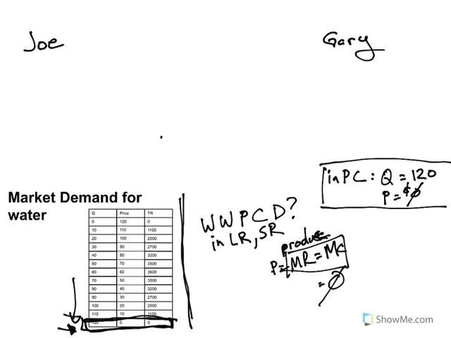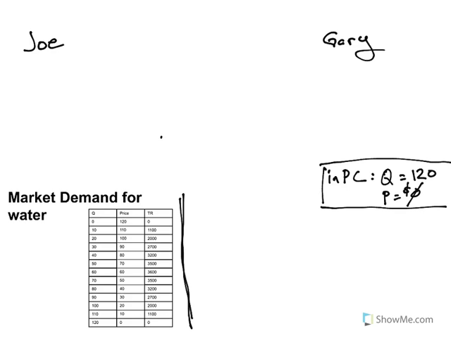Now let's think about what would happen if a monopoly was controlling this industry. It's not Joe and Gary, it's just one person. They are the sole owner of this lake. They decide what the price is. Remember that profit is total revenue minus total costs. If our monopolist is a profit maximizer, they're going to choose the highest number here.